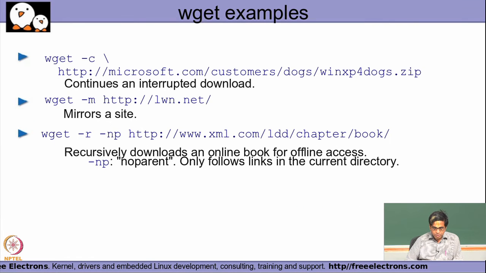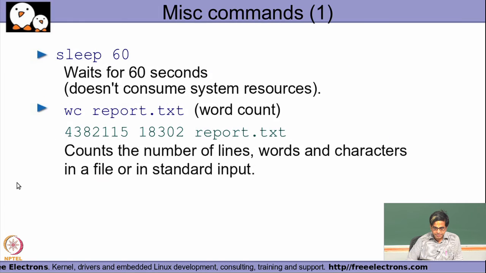So, that is basically what a wget command actually does. There are different ways of using the wget command which you can try out over the network and get comfortable with these different options.